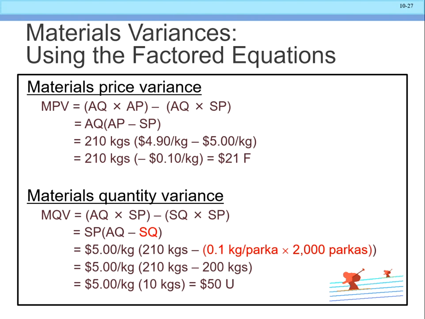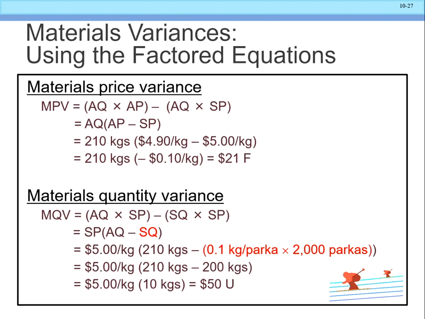The quantity variance, we need to remember to flex. As you can see, in the quantity variance, the SQ is in red to show you that that is a flexible amount. We need to first flex. According to our plan, we should use 0.1 kgs per each packer.